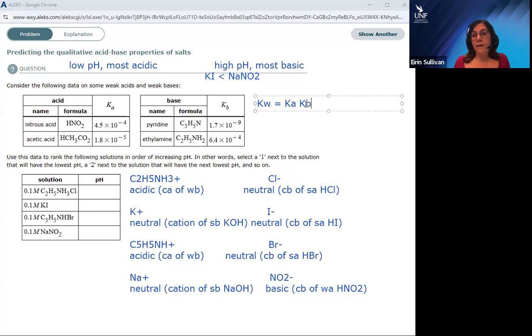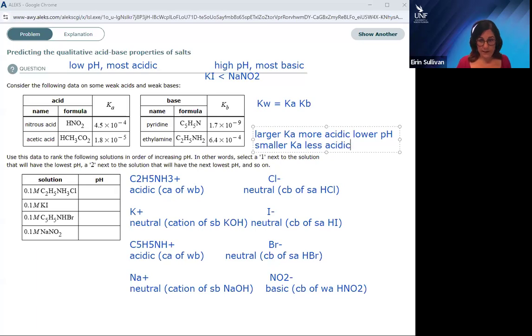So the bigger the value of Kb, the smaller the value of Ka, okay? So larger Ka is going to be more acidic, lower pH. And on the flip side of that, smaller Ka is going to be less acidic because we've got less ionization, less acidic, and it's going to be at a higher pH. That's all we need to know.